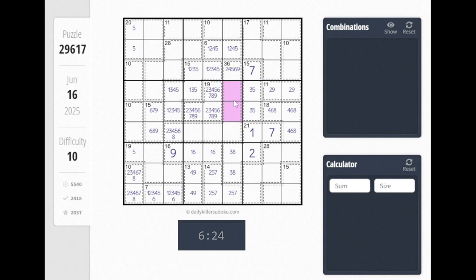Is there ever a 1 up here? I don't know. 1, 2, 3, 4, 5, 6, 7. So we know that there's a 9 outside of this block.